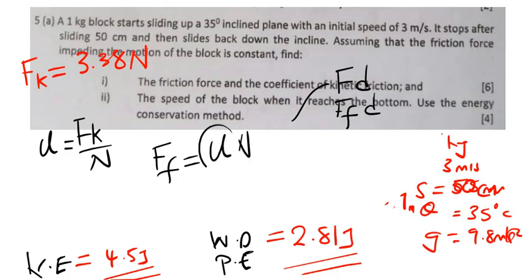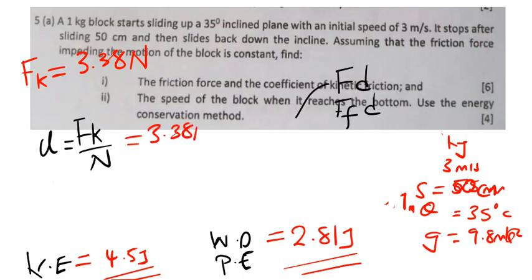If you make mu the subject of the formula, you just have N on both sides. That's why I'm writing that, just to remind you. We've already found our friction force, 3.38 Newton, divided by the normal force, which is mass times acceleration due to gravity.